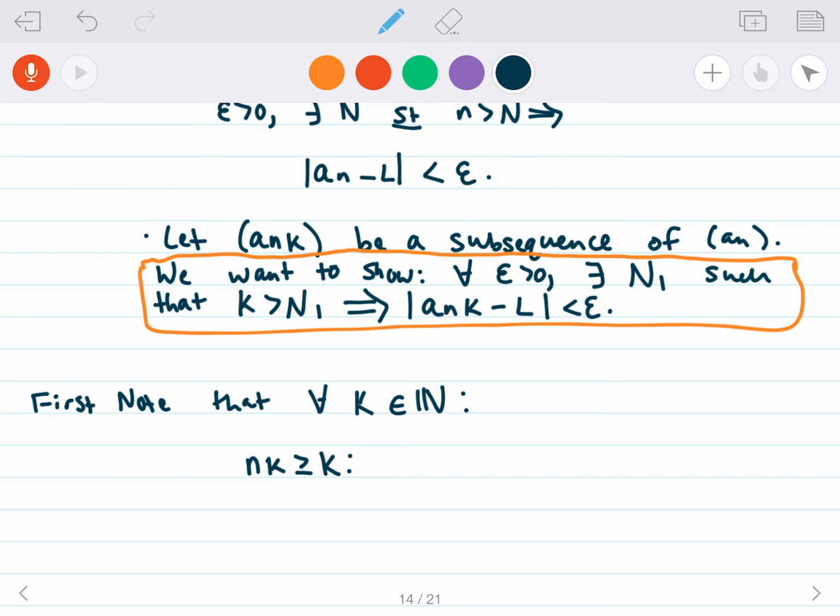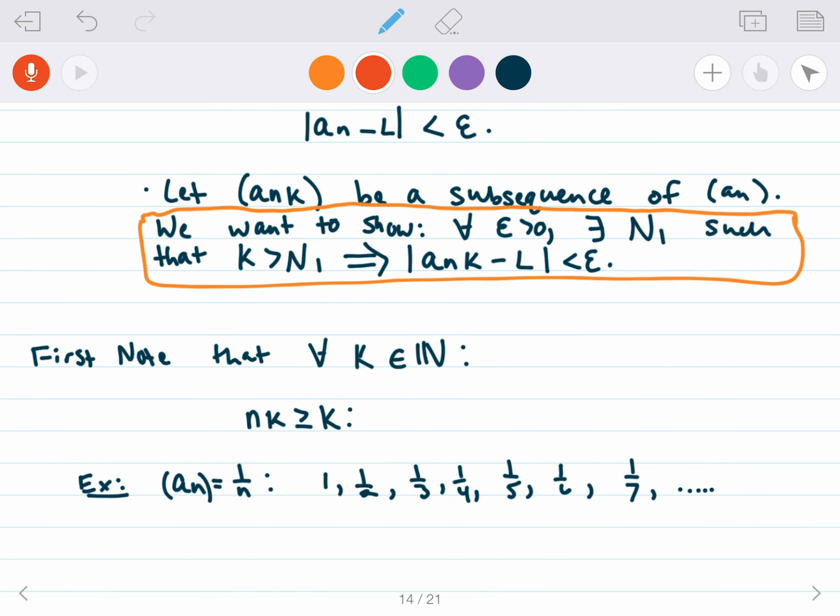So let's say that our sequence is 1 over n. So when n equals 1, we have 1, n equals 2, 1/2, then 1 over 3, 1 over 4, 1 over 5, 1 over 6, 1 over 7, dot dot dot.